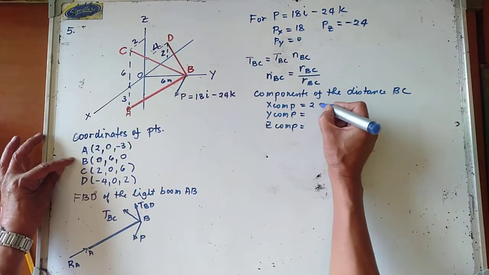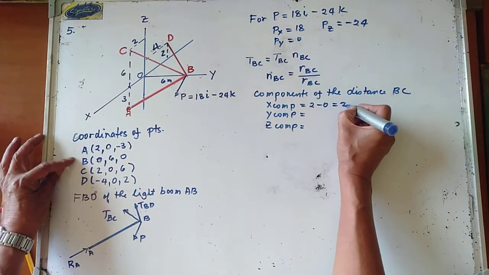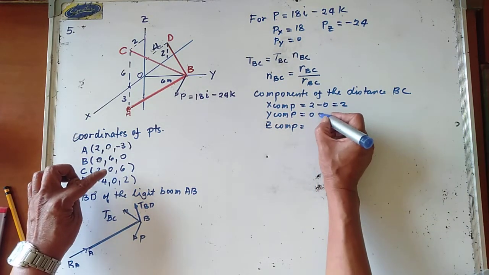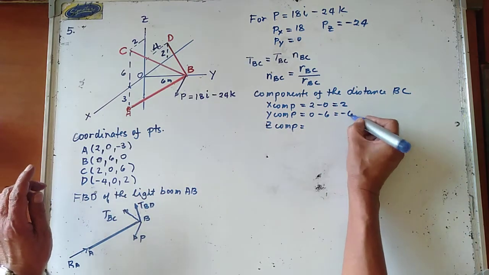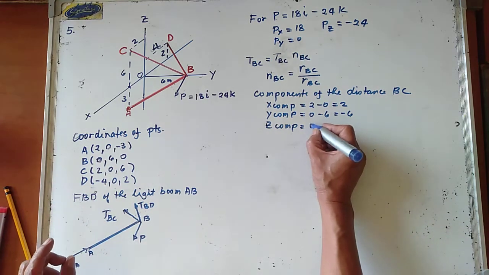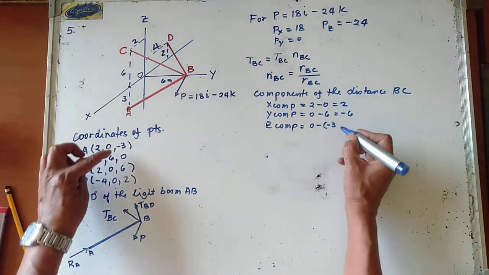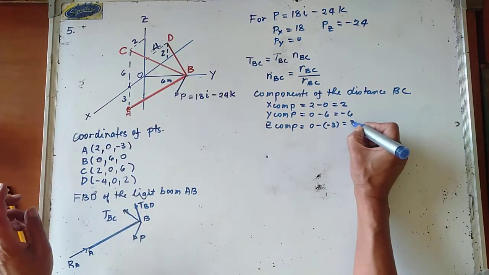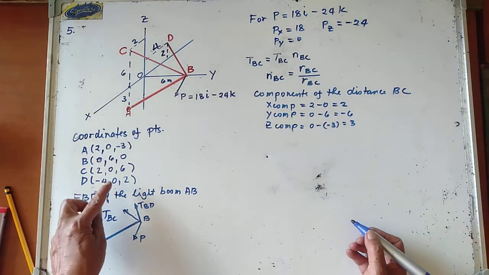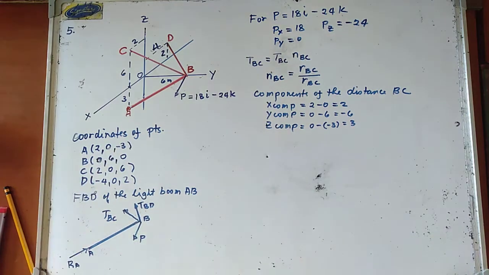So we have 2 minus 0, that is equal to 2. Then 0 minus 6, so we have negative 6. And then the z component is 3, oh, 6 minus 0, I mean.